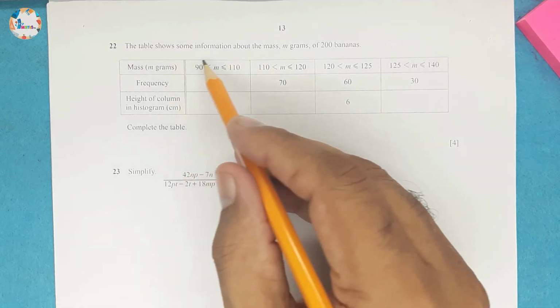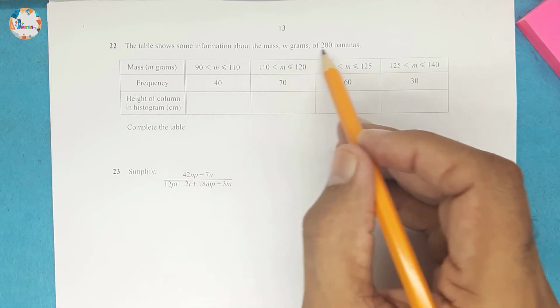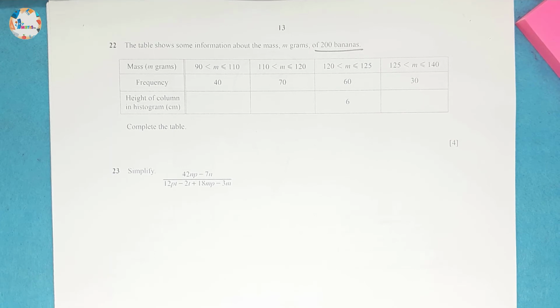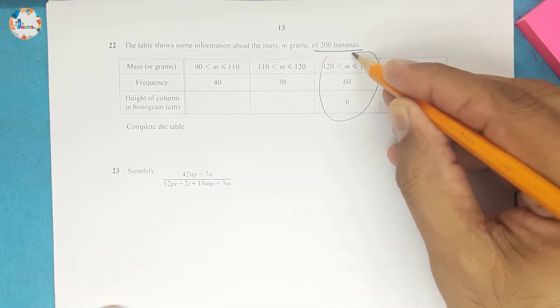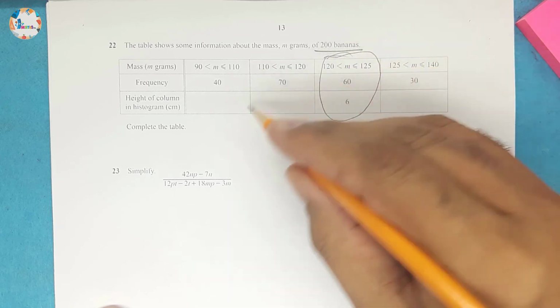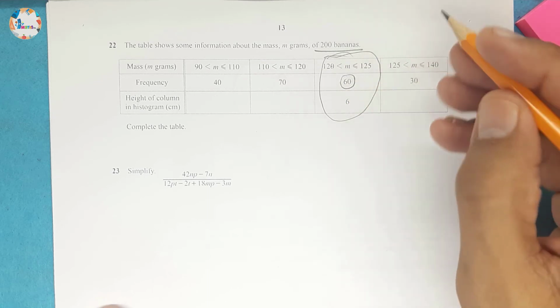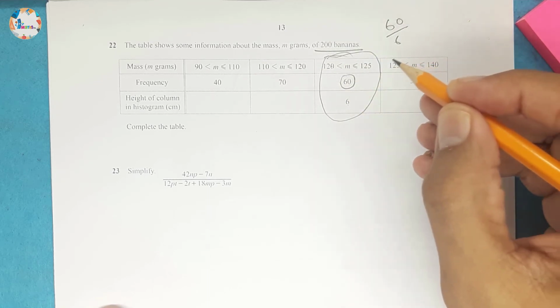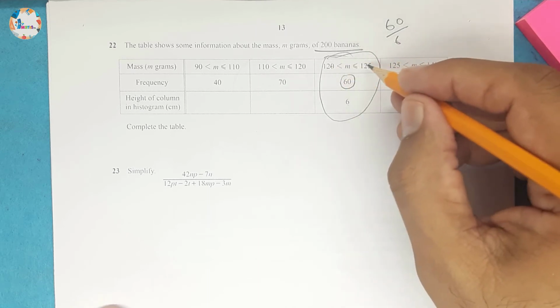The table shows some information about the mass m grams of 200 bananas. So basically we will be checking this hint they have provided us, and we will be basing our formula on this. So how they are calculating, they are taking this 60 and dividing it by the class width, which is 5.